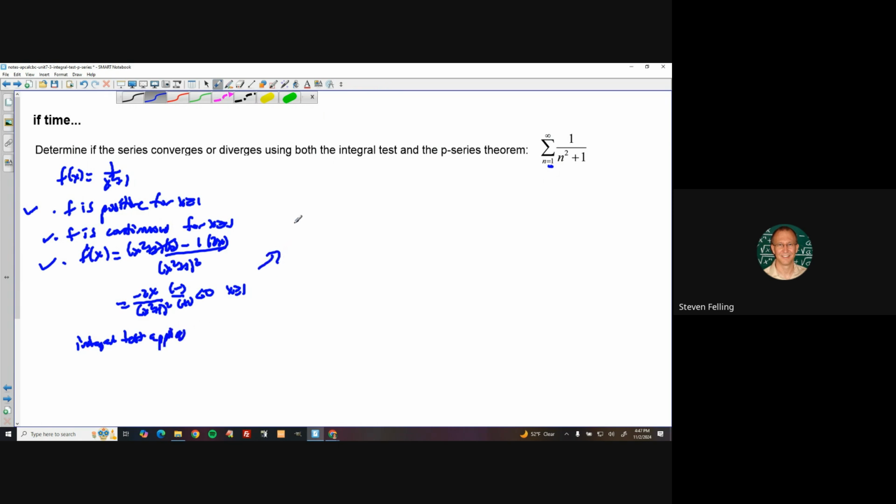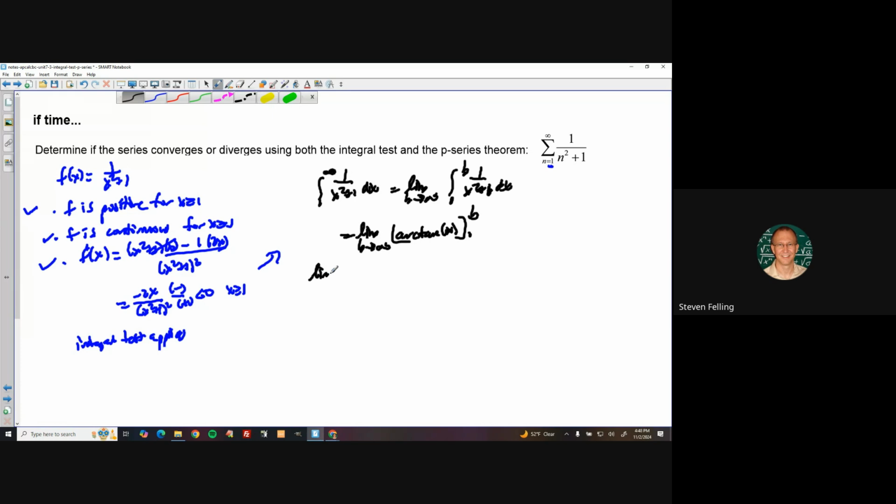And then we'll do the integral test. So we are now writing an integral from 1 to infinity of 1 over x squared plus 1 dx. And making it proper, limit as b approaches infinity, 1 to b of 1 over x squared plus 1. Recognizing that that is the structure for arctangent, the antiderivative is arctangent of x from 1 to b.